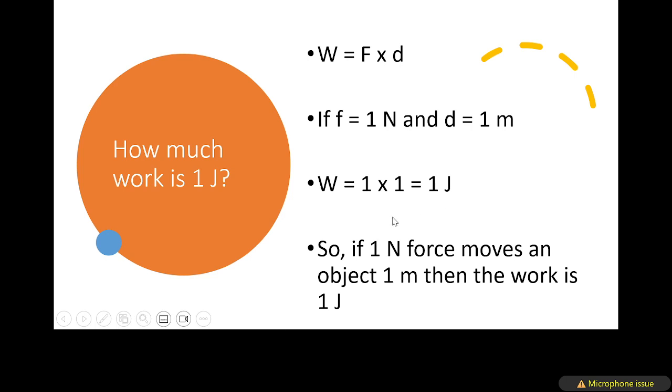So if 1 Newton force moves an object 1 meter, then the work is 1 joule. I repeat, when you apply a force of 1 Newton to move an object by 1 meter, we call it 1 joule of work.